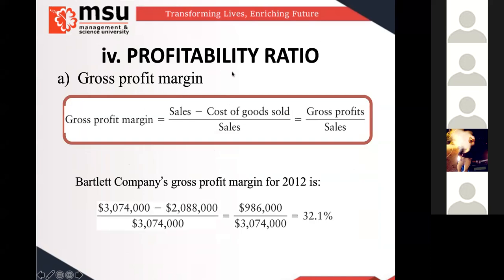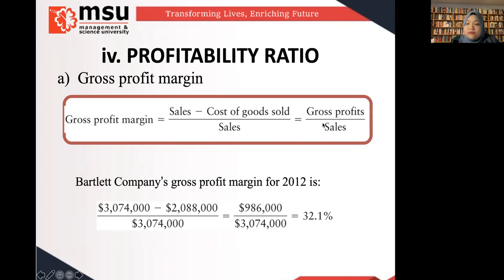Next is profitability ratio. With profitability ratio, we want to see the profitability level of the company. The first one is gross profit margin. In profitability ratios, for all the profit margins you just divide by sales.